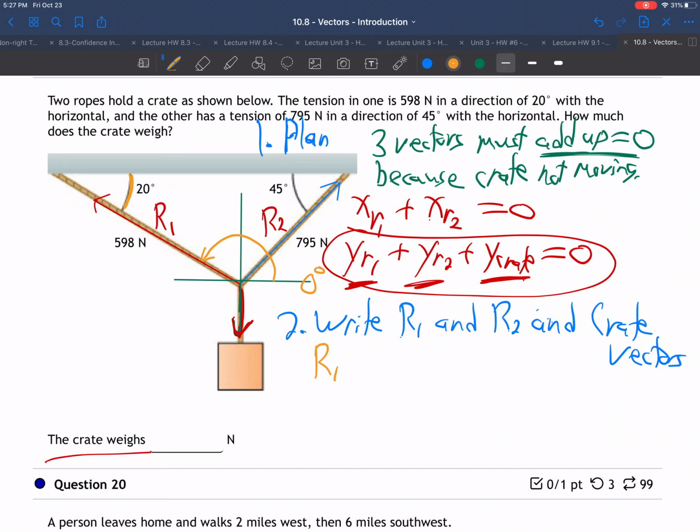Well, if this one's 20 here, then this one here's got to be 20 also. Why so? Well, because those are both from the horizontal. See how this is from the horizontal to the rope? So from the horizontal to the rope, these have got to be the same angle. In geometry, those are called alternate interior angles.